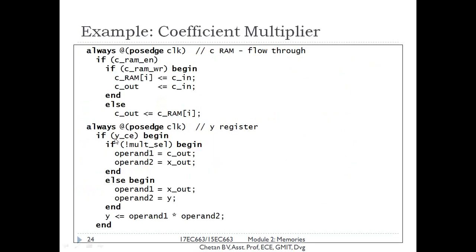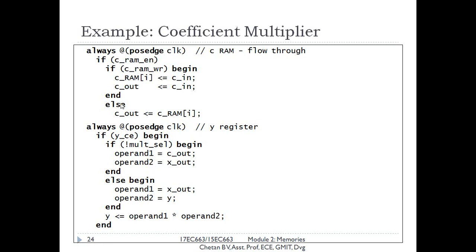This is the model of the register, that is the output register. Initially you wait for Y_CE, which is the enable signal of this register, the chip enable. If this is high, then you look at the select line of the multiplier, whether it is 1 or 0. If this is 0, you take operand 1 as Cout and operand 2 as Xout. Operand 1 and operand 2 are the inputs of the multiplier.